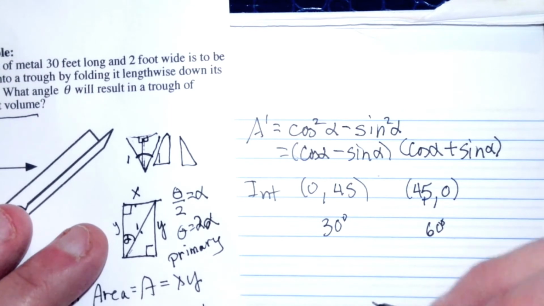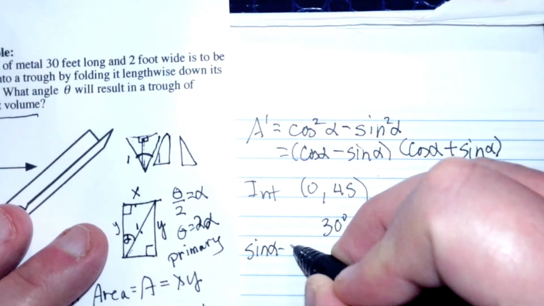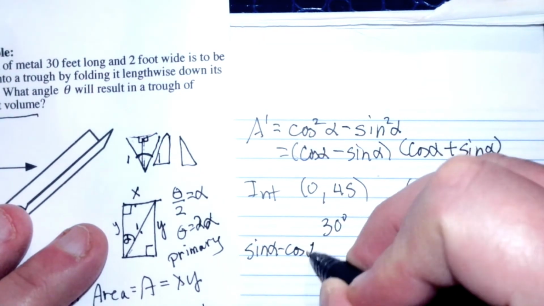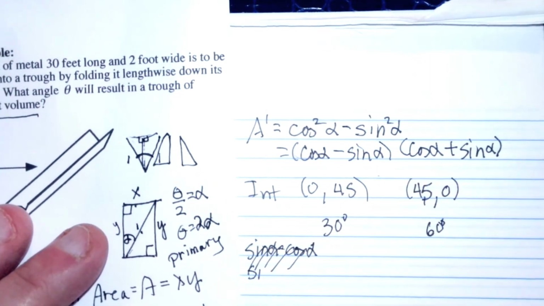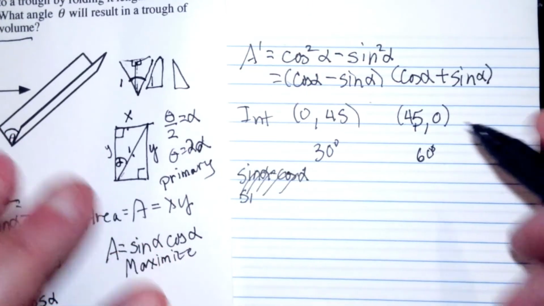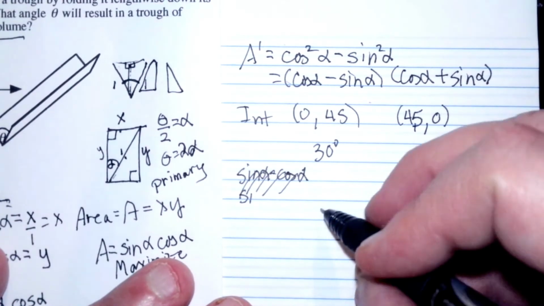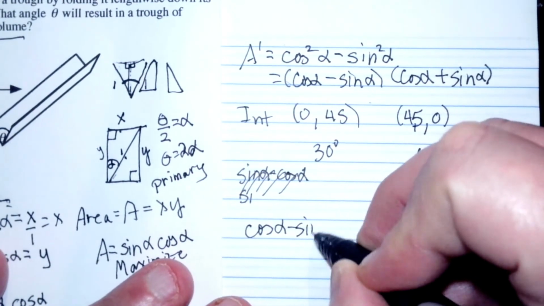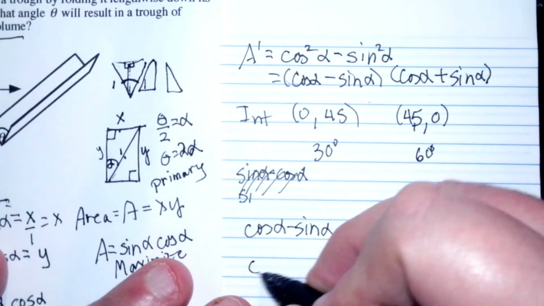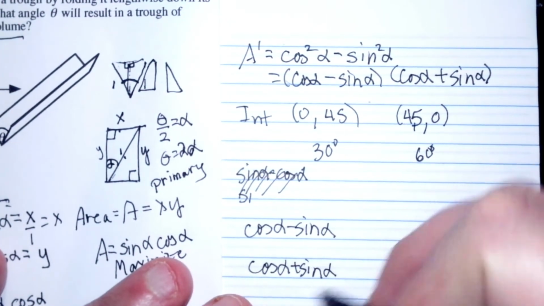Now what's cosine alpha minus sine alpha? What sign is that? And what's cosine alpha plus the sine of alpha?